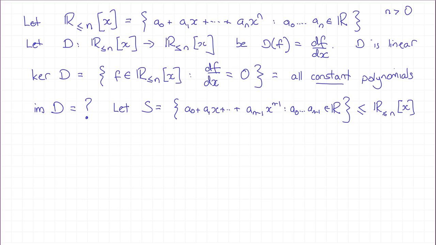And the image of D is a subspace of S because when you differentiate a polynomial of degree at most n, the result is a polynomial of degree at most n minus 1.